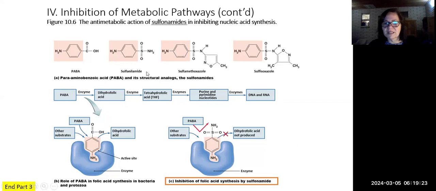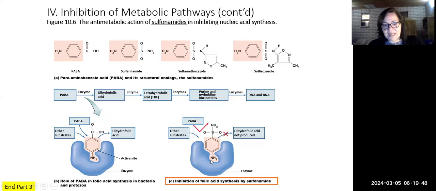This is sulfonamide. That's going to bind in that same active site. It's not going to become dihydrofolic acid. It won't, because it's not PABA to start with. But PABA can't get in here because this drug is blocking the active site. Yay for fighting off bacteria. All right, so that's how the sulfa drugs work.